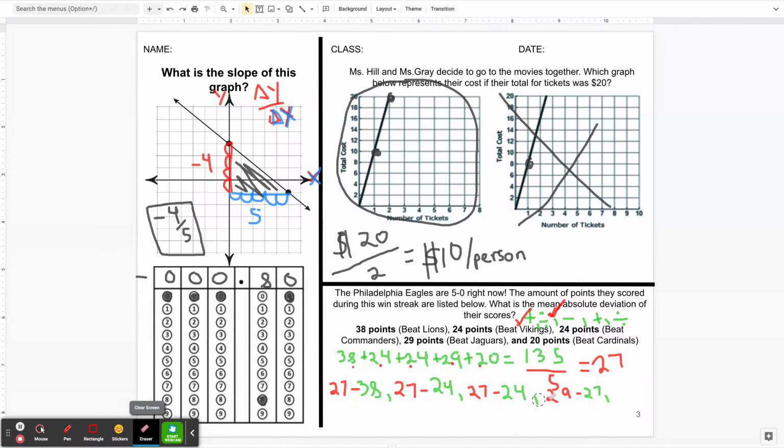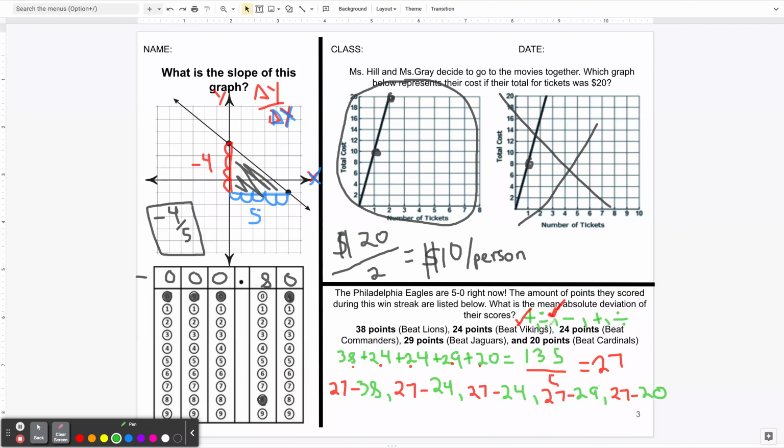Oop, I'm glad I caught that. There you go. And then 27 minus 20. All righty.